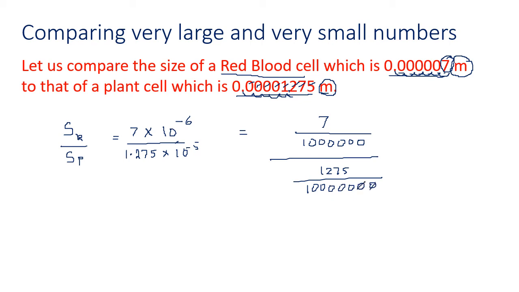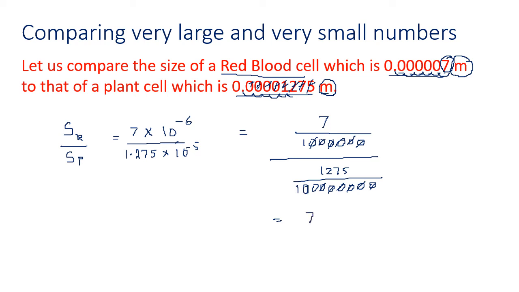Now I cut the zeros, six and six. So this is what is left. After cutting the zeros, there is 7 and 8. One more zero I have to put on the 8. So this is what is left.